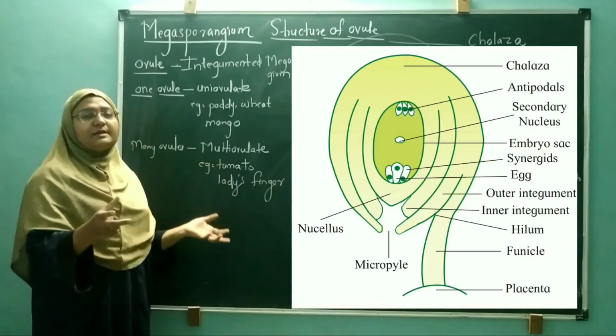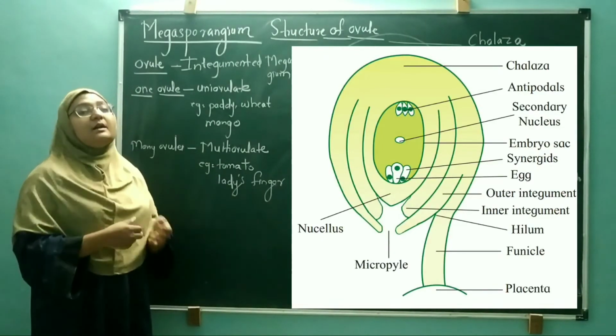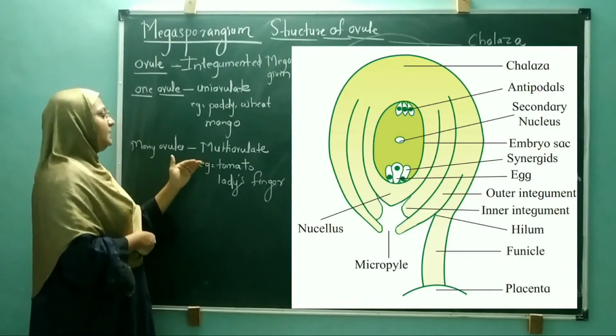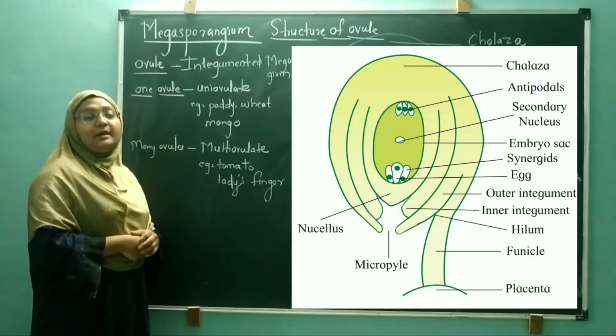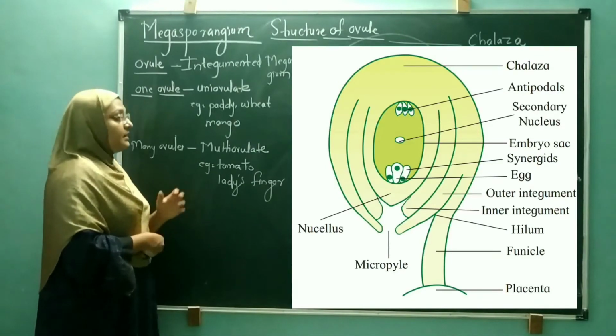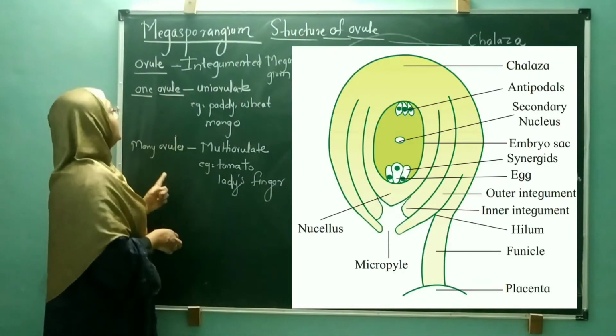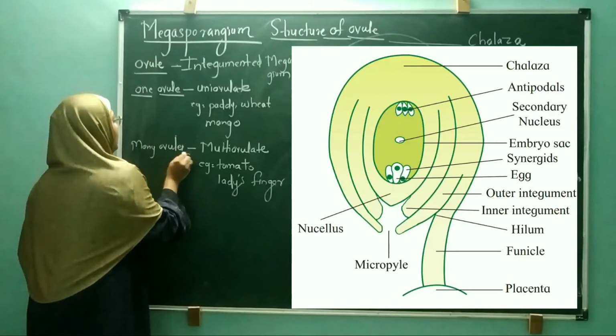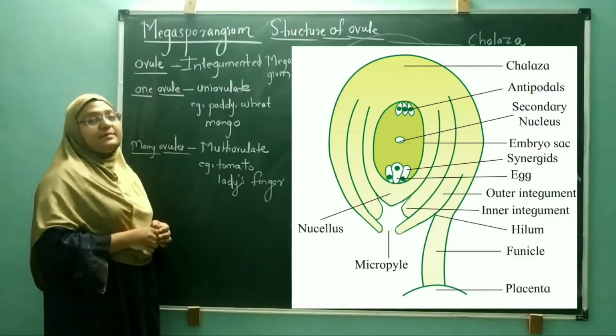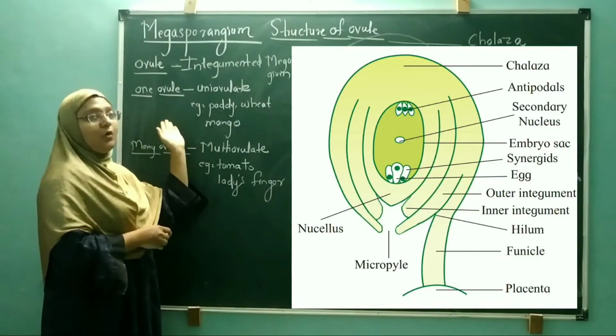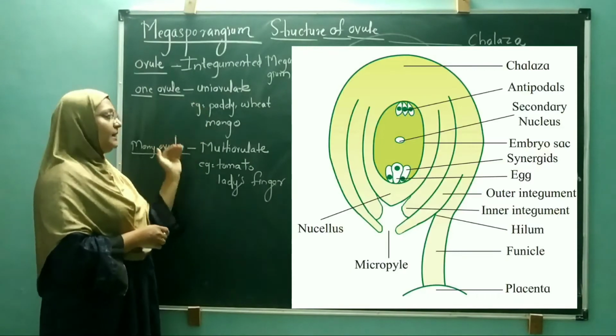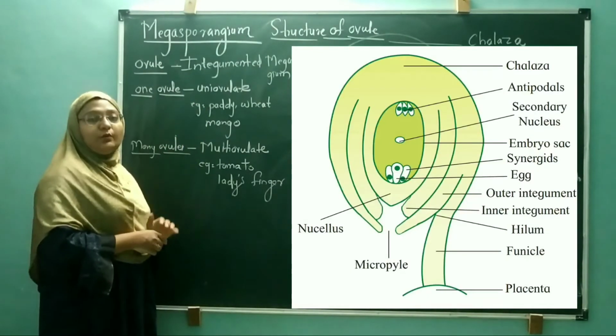So this is the type of ovary depending upon the number of ovules, that is, uniovulate and multi-ovulate ovary.